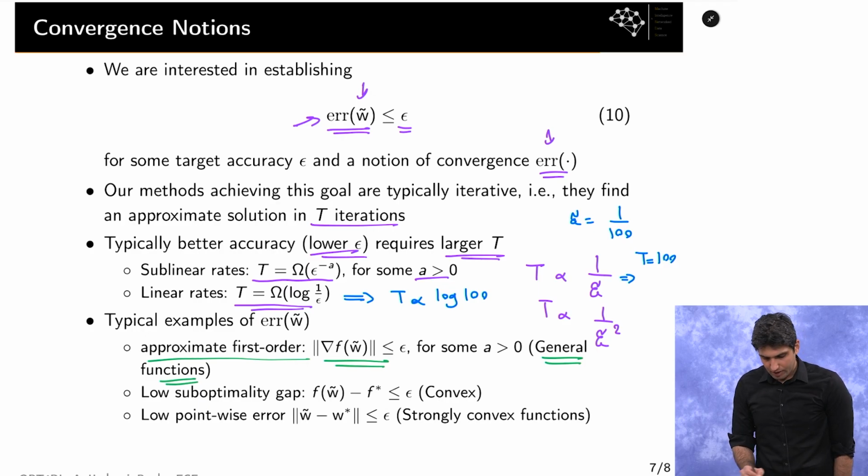Another criterion is when you require a low suboptimality gap, meaning that you want to find a solution W tilde such that the value of the function at that point minus the optimal value is at most epsilon. Okay, and typically this f star, the optimal value, is equal to 0 in learning problems that we deal with in machine learning and deep learning, right? So essentially, the best that could happen is that you can fit the training data perfectly.